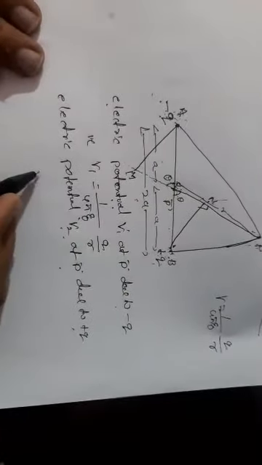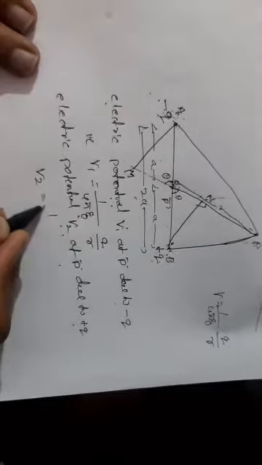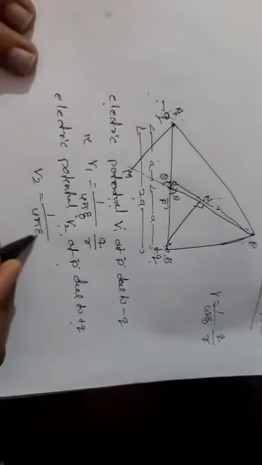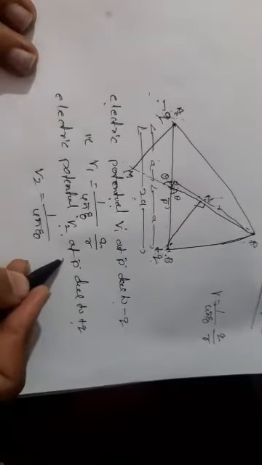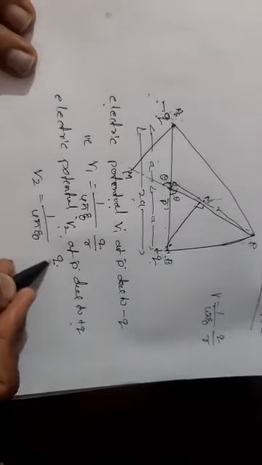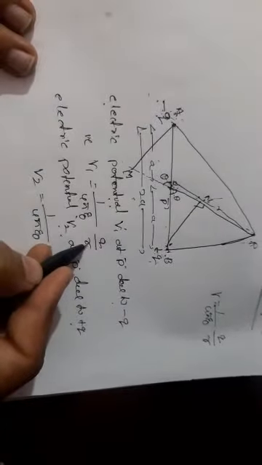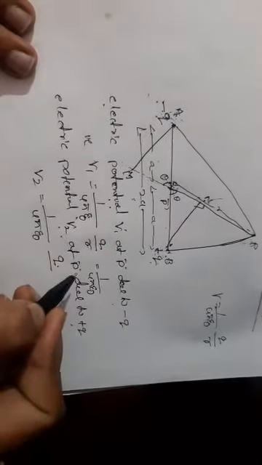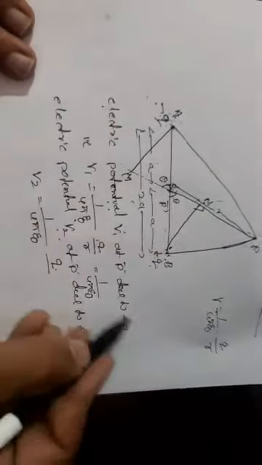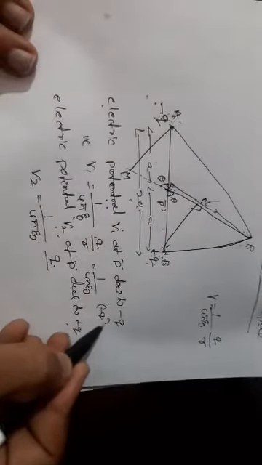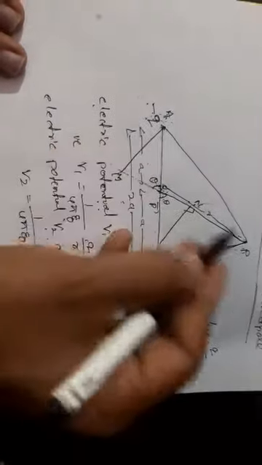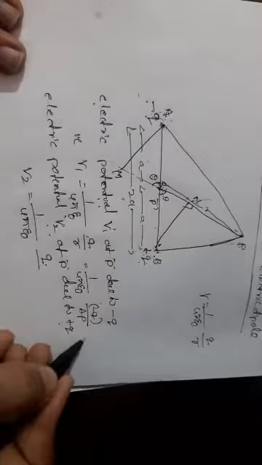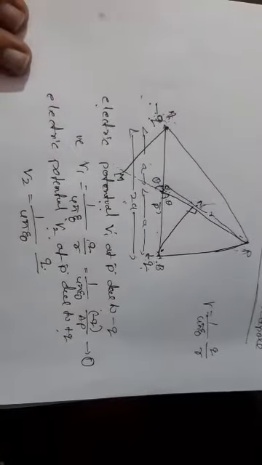V2 is equal to 1 by 4 pi epsilon naught, q divided by PB. For the first equation, the charge is minus q and the distance is AP. That is called equation number 1.